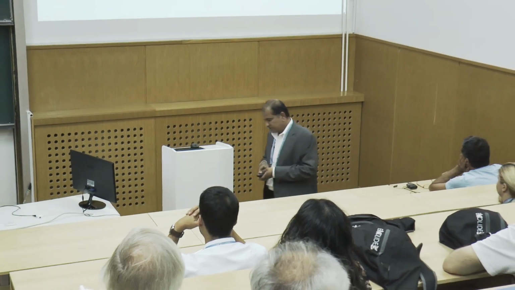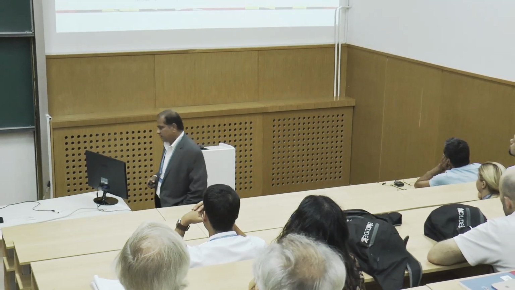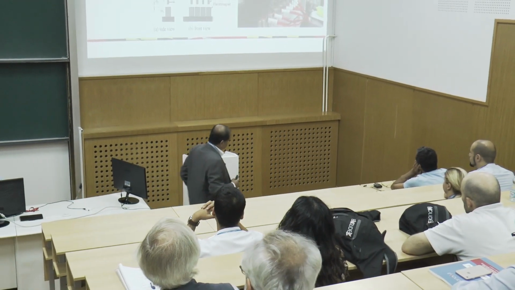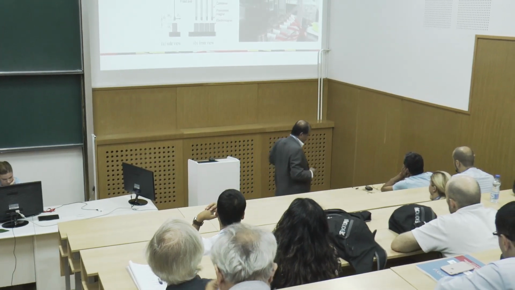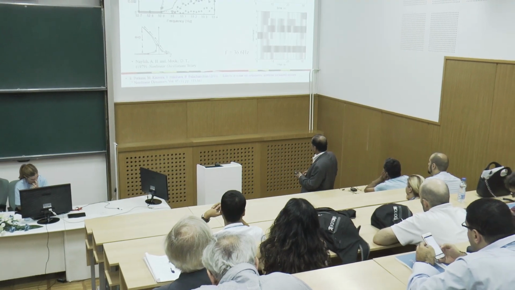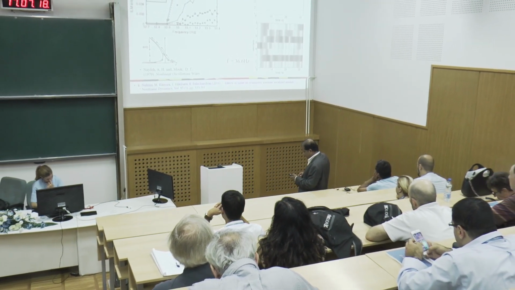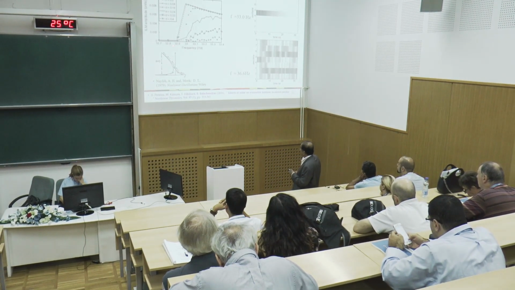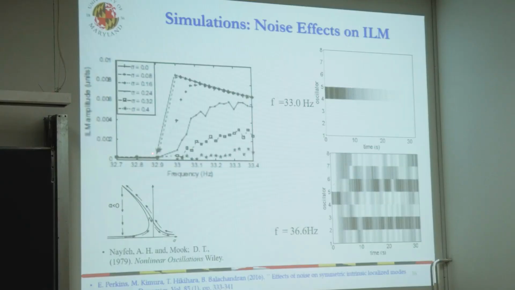So we repeated the same experiments we did at Maryland, at Kyoto in a different setup, but all very similar in spirit: a cantilever beam with tip magnets, and the actuation is different. What you see on the top left is where I have no noise. If I look at a localized oscillator, it follows a typical Duffing oscillator profile, which is similar, if you will, to a single oscillator.